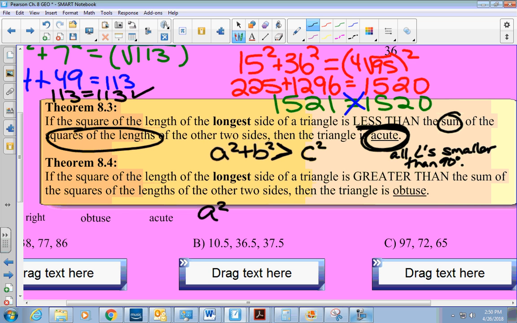So if my a squared plus b squared is less than my c squared, so my c squared is the big guy, then we're acute. If a squared plus b squared is smaller than your c squared, then you have an acute triangle.